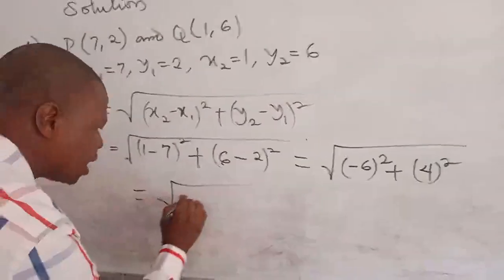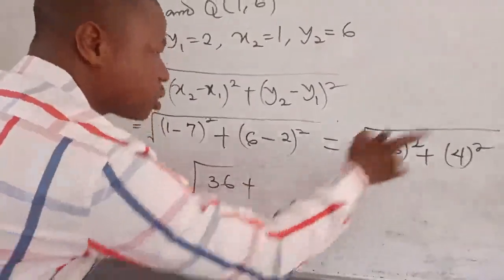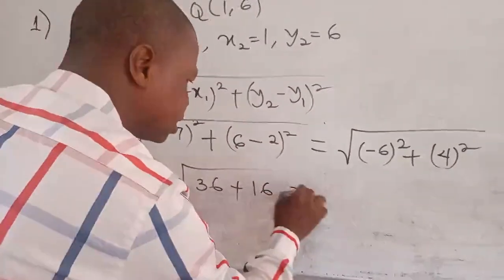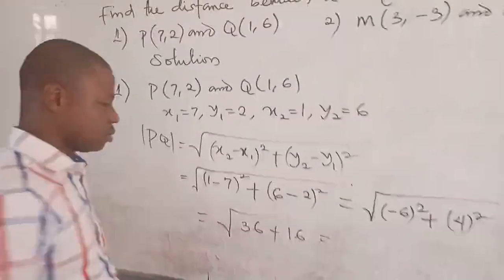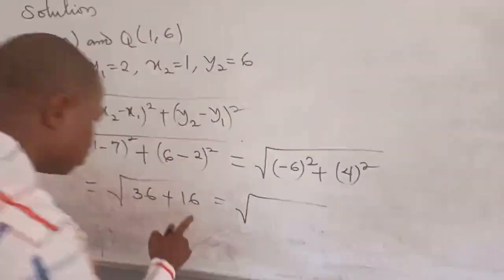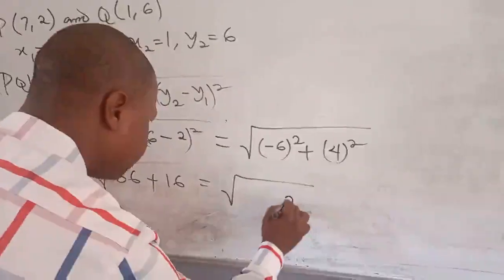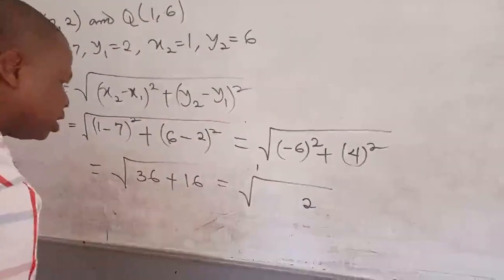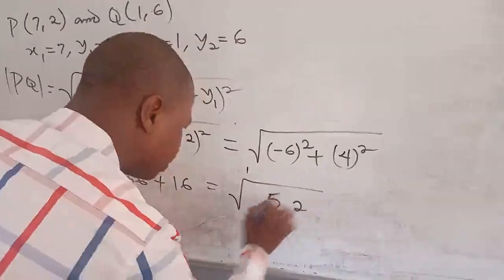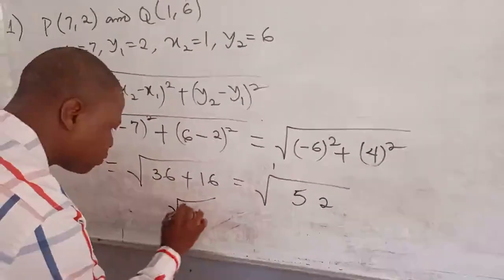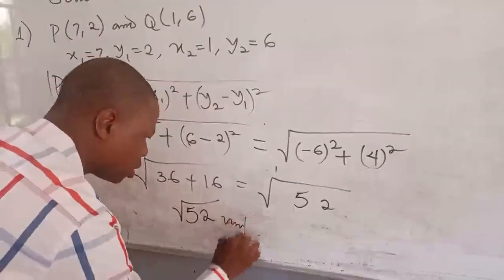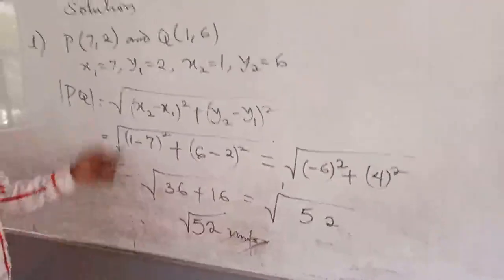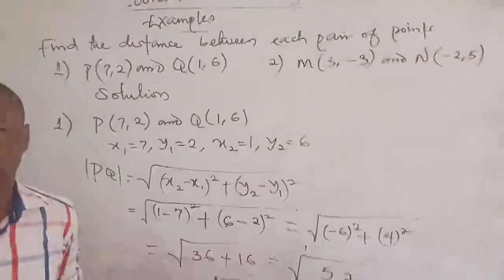Minus 6 all squared, that is 36, plus 4 squared, that is 16. So 36 plus 16 gives 52. So square root of 52 units is the distance between P and Q.